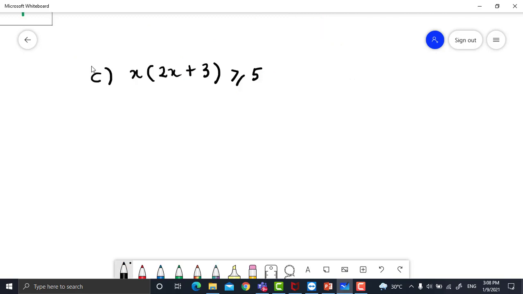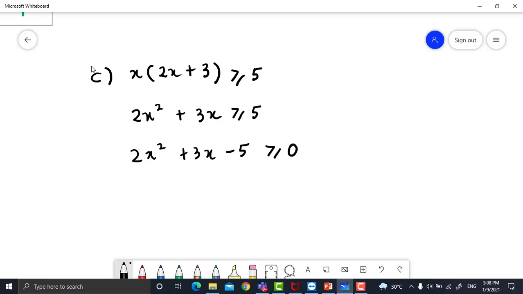C, x multiply 2x plus 3 greater than equal to 5. So expand: 2x squared plus 3x greater than equal to 5. In standard form, 2x squared plus 3x minus 5 greater than equal to 0. And factorize: 2x plus 5 multiply x minus 1 greater than equal to 0.